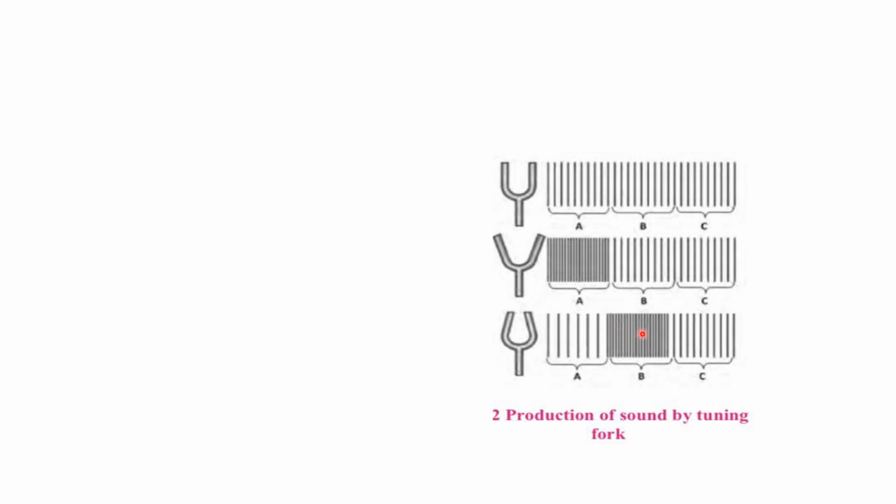As a result, the air pressure in this region decreases and the density is also very low. Such a region is called rarefaction. Here in this figure, this is the compression and this is the rarefaction.